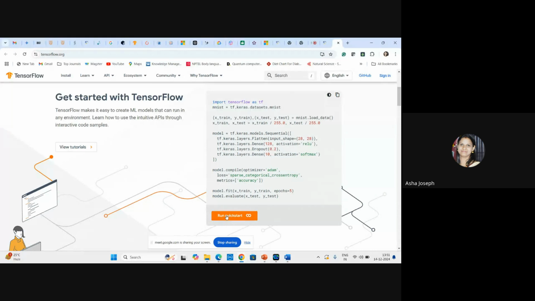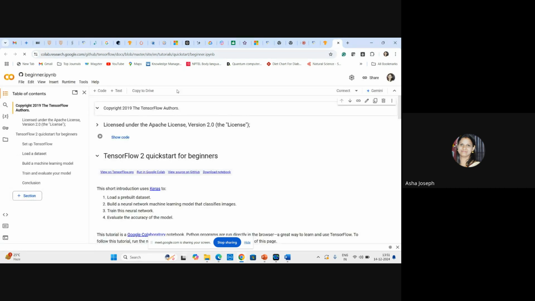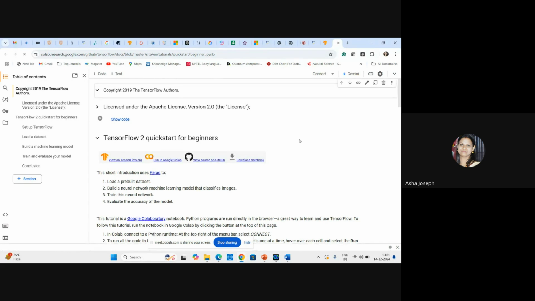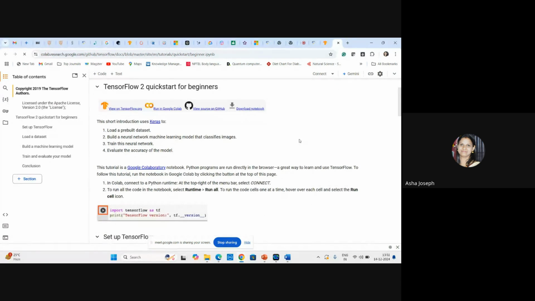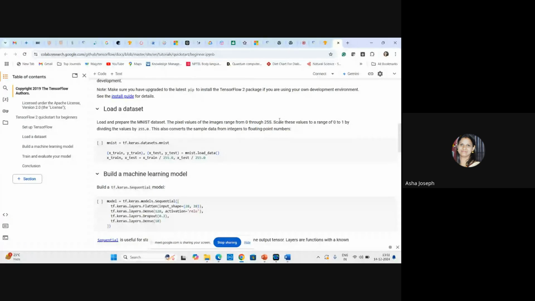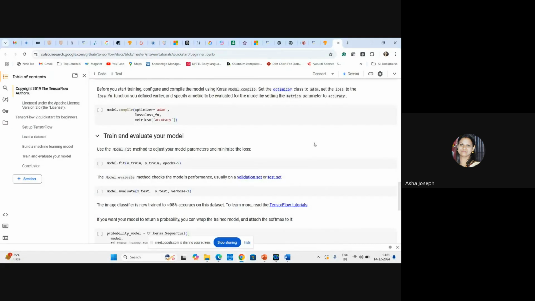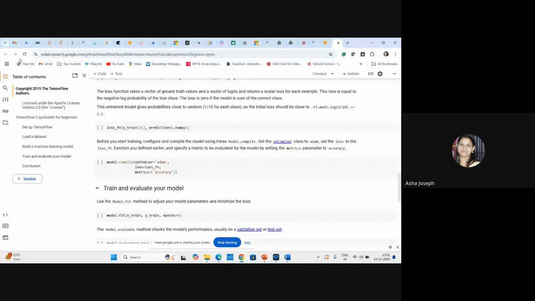Then you can just run the quick start, and you will be redirected to Colab, which is one of the platforms many researchers are using. These are TensorFlow quick starts for beginners. Even if you are a beginner and don't know much coding, you can make use of this, and try to implement whatever projects you want to do here.